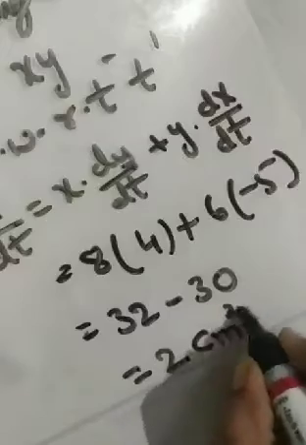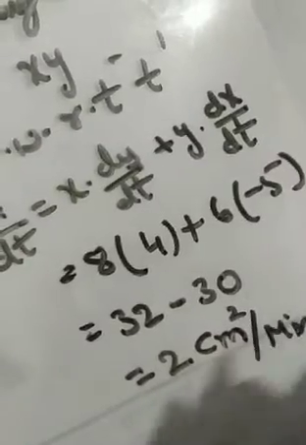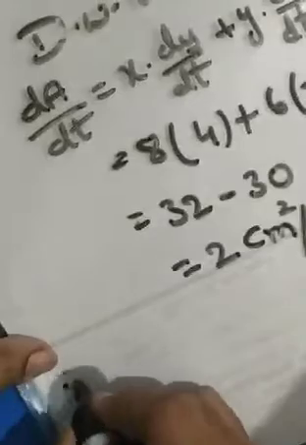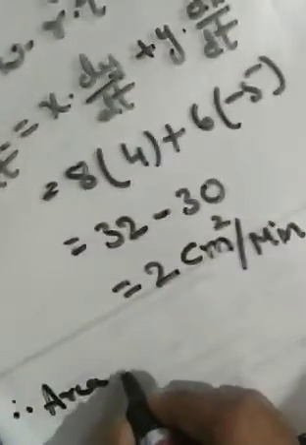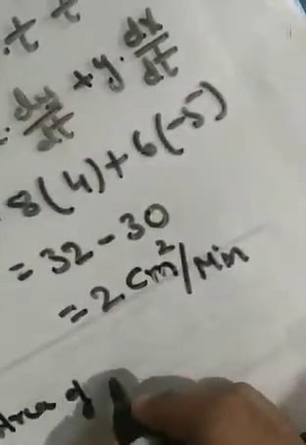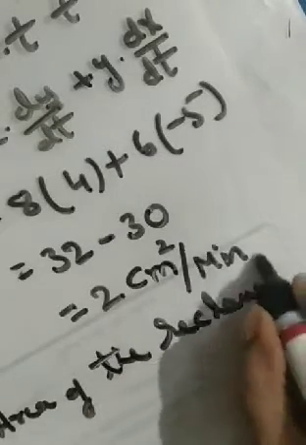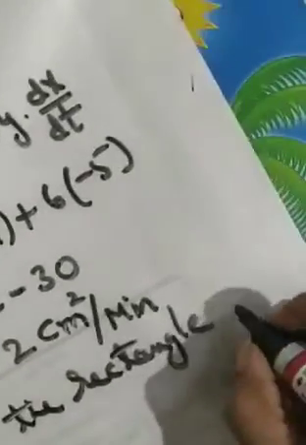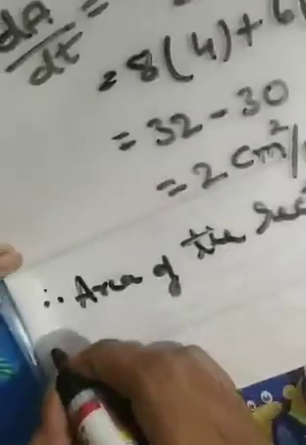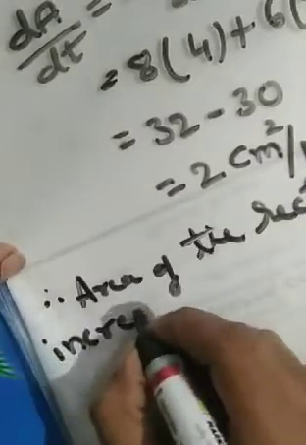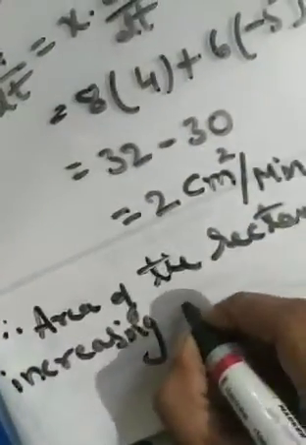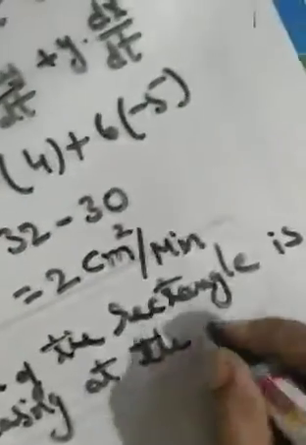Area should always be represented by centimeter square per minute. So therefore area of the rectangle is increasing at the rate of 2 centimeter square per minute.